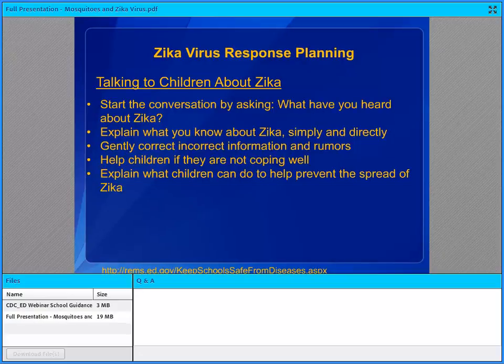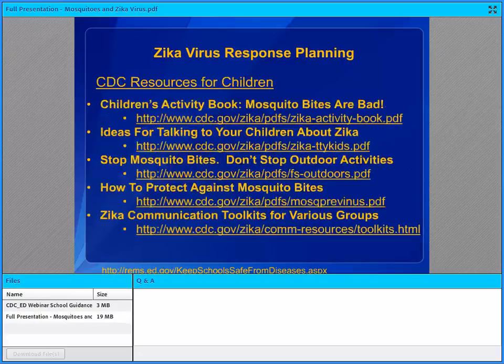But explain what you know about Zika honestly and simply, and make sure that any incorrect information that you're getting from the students is corrected with proper information. And explain what they could do to help prevent the spread of Zika: prevent mosquito bites, wear repellents, use screen doors and windows, use air conditioning.